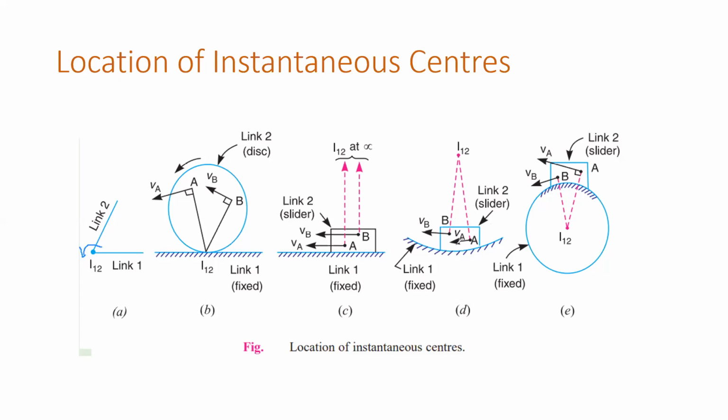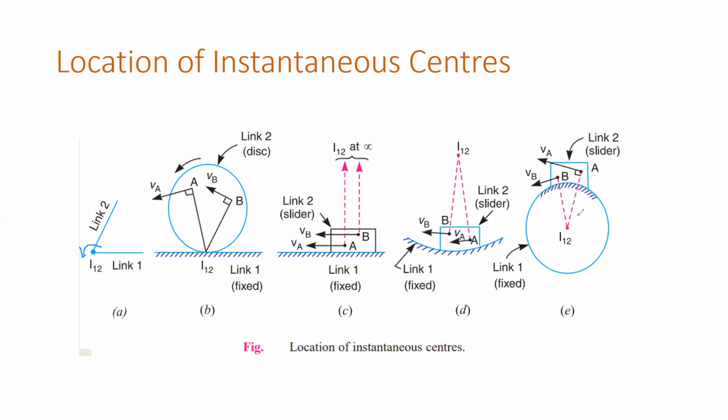And where will that center of rotation be? That center of rotation will be the center of this curved path, this curvature. So you locate it there, there you will find I12, and you can then say that about point I12 this block is rotating.